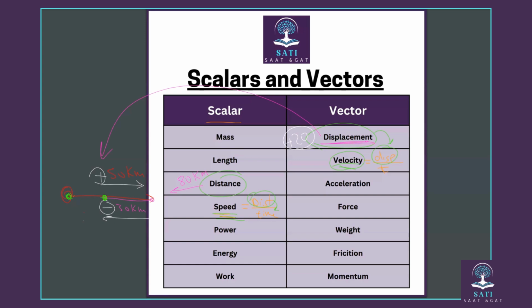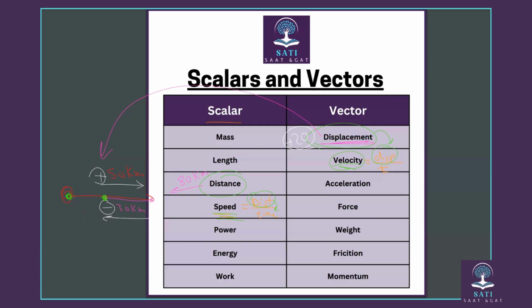Why? Because it gives you the speed as a number and a unit, but it doesn't give you the direction. So if you are moving with a speed of 100 kilometers per hour and you don't mention the direction, this is a speed, not velocity.